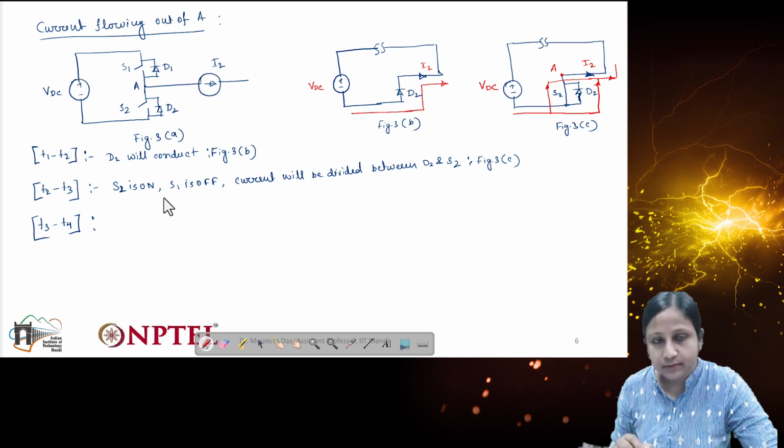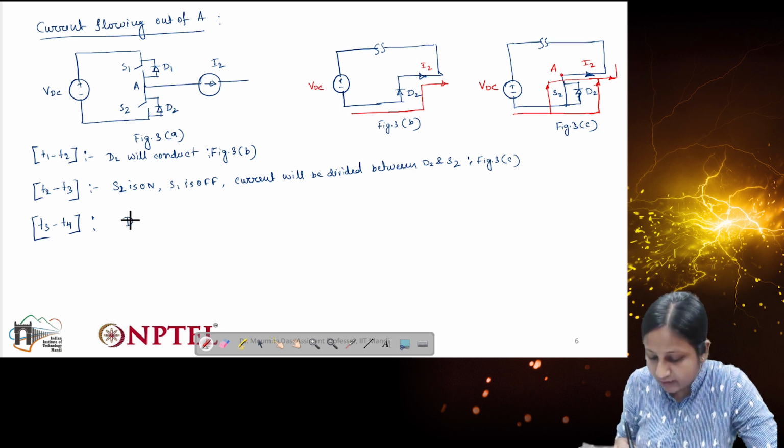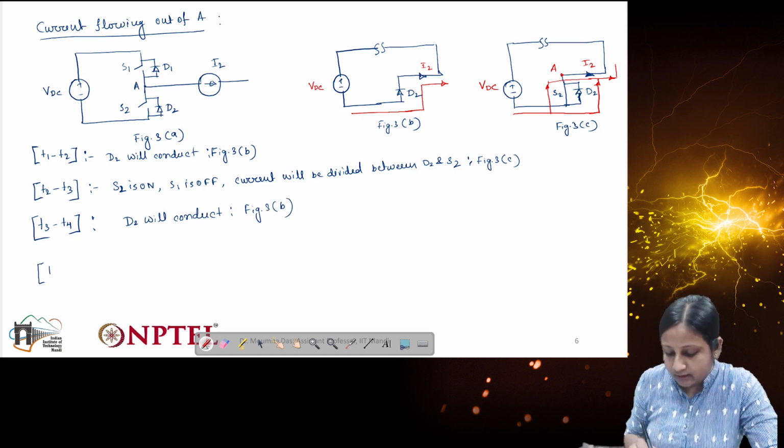In this case, dead time is there, so it will be similar to T1 to T2. So only D2 will conduct. So this figure will be similar to figure 3B.